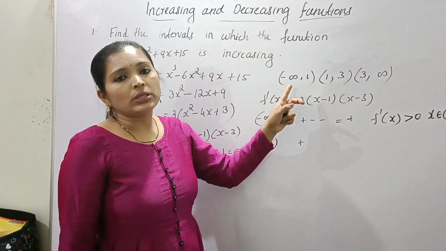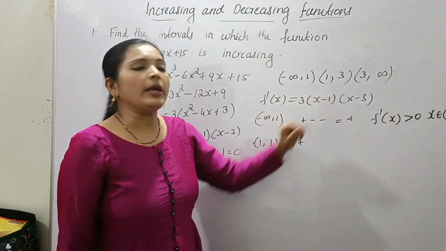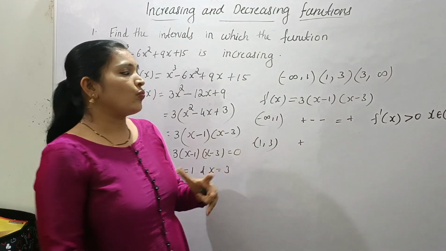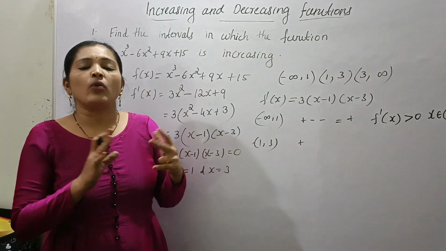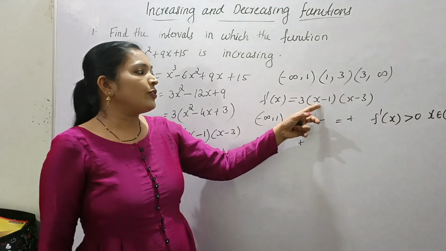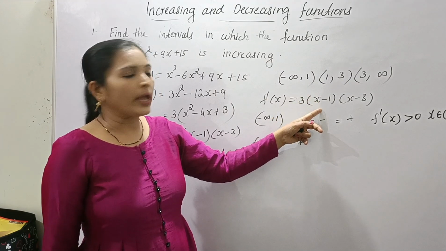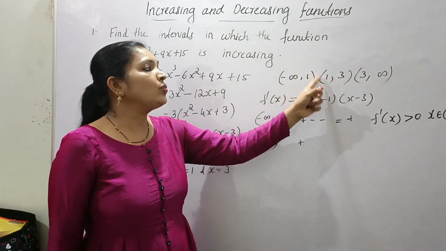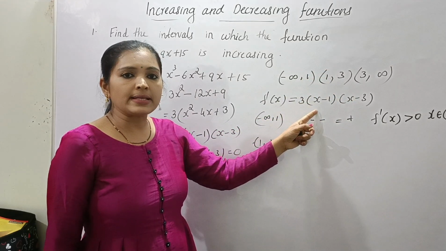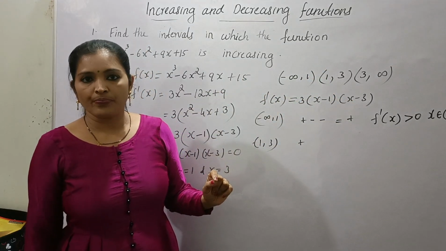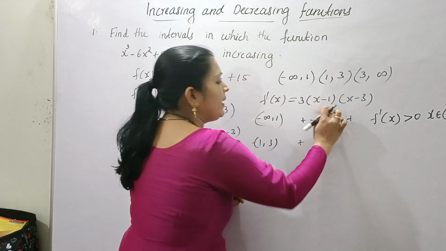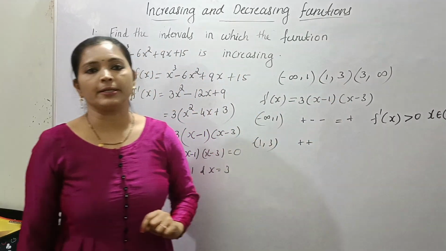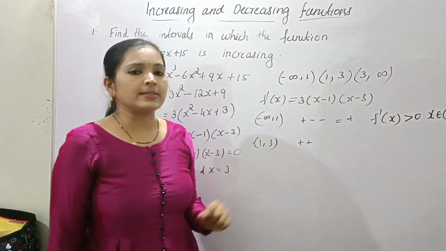And if you substitute x is equal to 3, you will get 3 minus 1, that is 2, positive, right? So any value between 1 and 3 that you substitute in x, you will get positive values. So here the second term is positive. Then what about the third term, x minus 3?